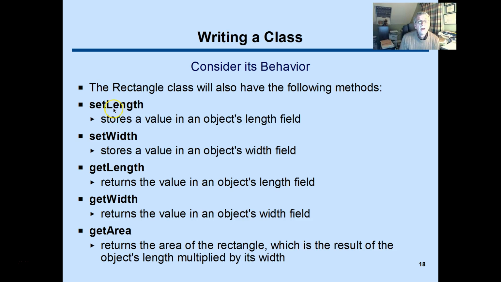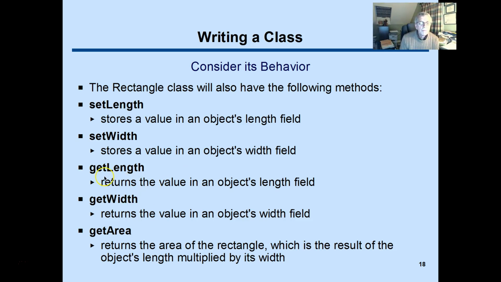We will set the value of the length attribute. We will set the value of the width attribute. So the setters or the mutators typically are named set and then the name of the attribute or field whose value will be affected when these are invoked.